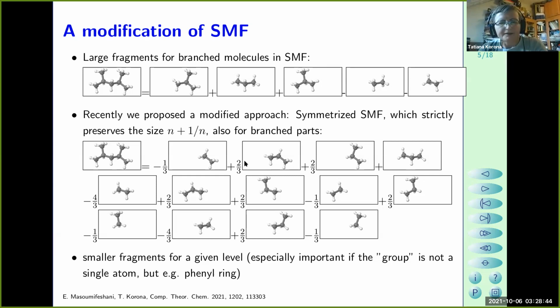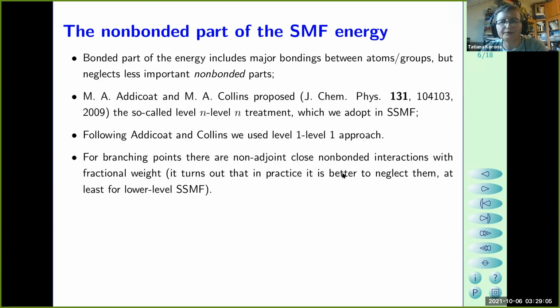This approach can be especially useful if our groups are not a single atom, but, for instance, phenyl rings. Treating three or four phenyl rings makes quite a difference for electron correlated methods. For the non-bonded part of the SMF energy, we just use the same approach as Collins, so I will skip this part.